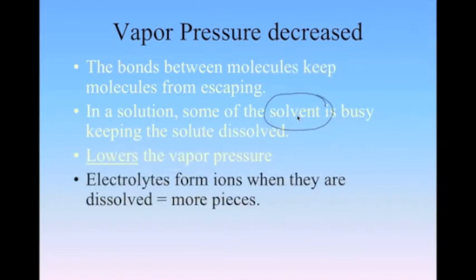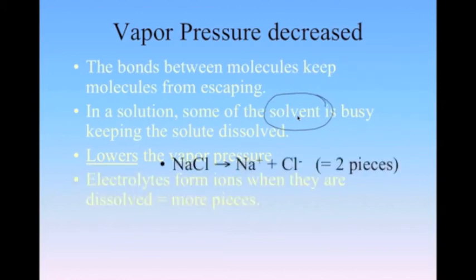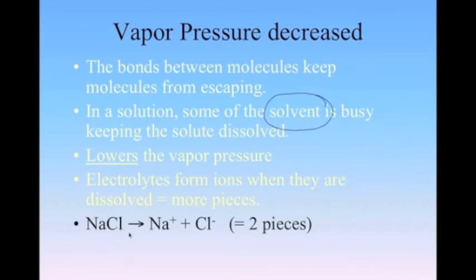Now, what we see is that normally salts are going to be electrolytes, and electrolytes form ions when they are dissolved. Basically what it means is if we take, for example, NaCl, when it's dissolved, it's going to break up and ionize and become our sodium ion and our chlorine ion.